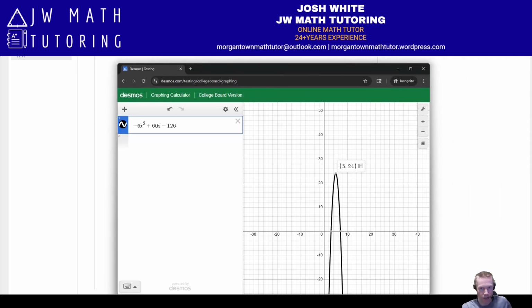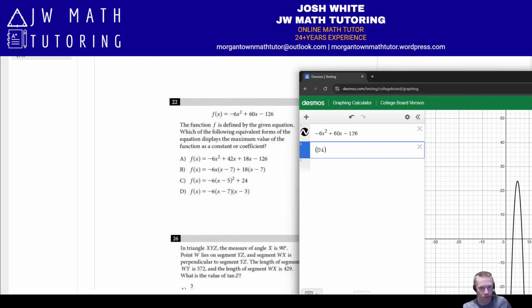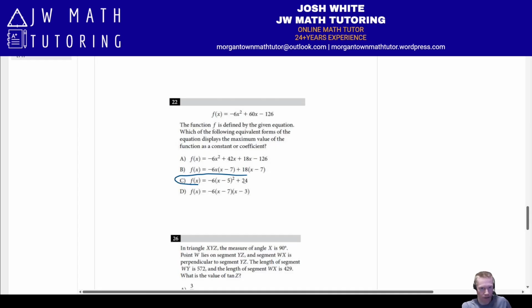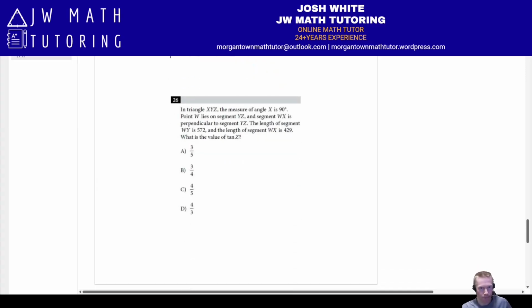Right here at our vertex, our maximum value is going to be 24 because maximum value is always the y value. So which of these has a 24 as a constant or coefficient? All right, it's obviously letter C. It's right here, the 24 that's being added. Essentially, C is written in vertex form, so that's just going to be the correct answer.